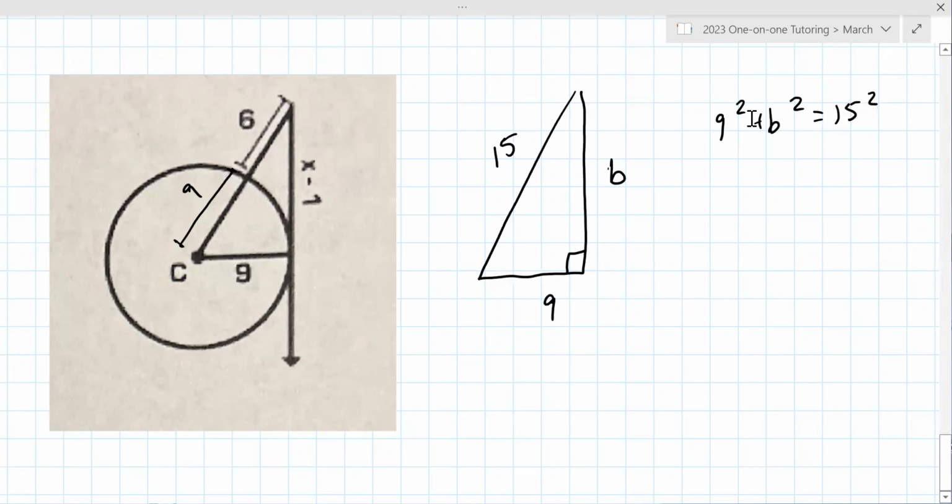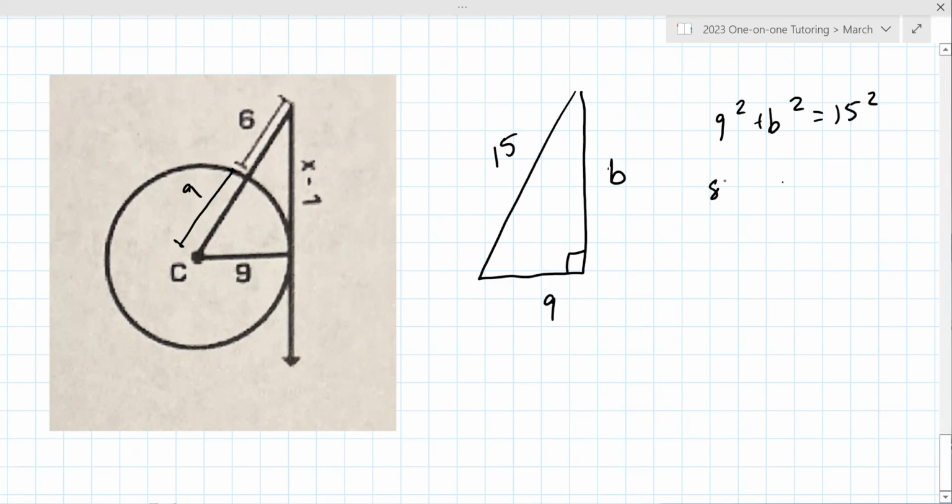So 81 plus B squared equals 15 squared, 225. B squared equals 174? So we're trying to find the square root of 174, right?